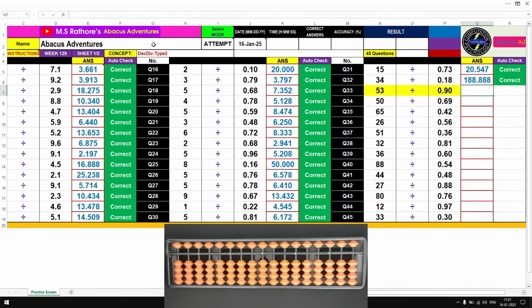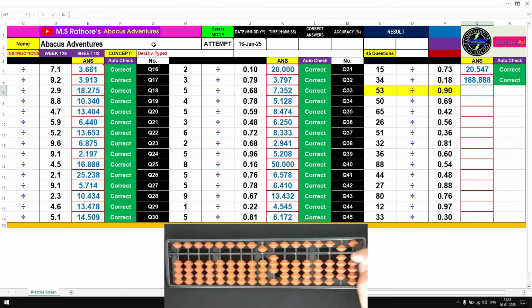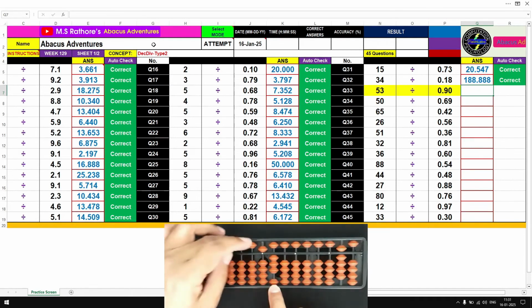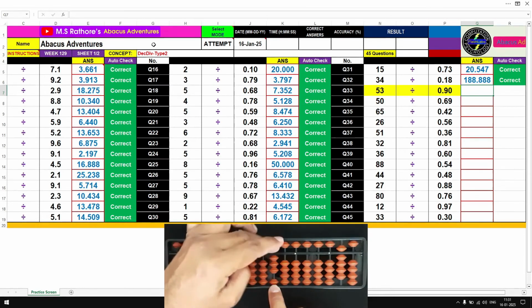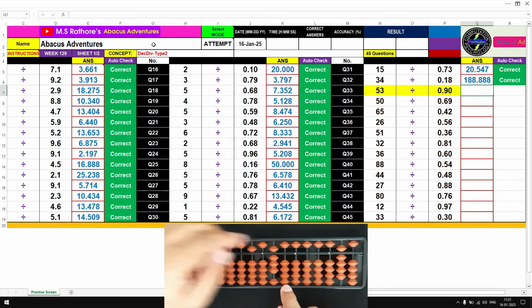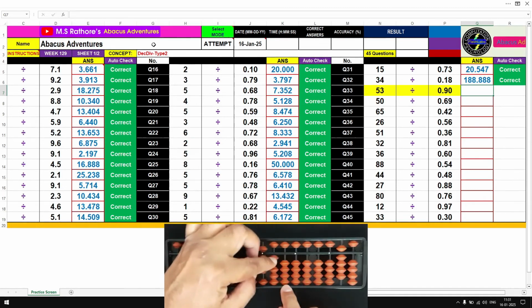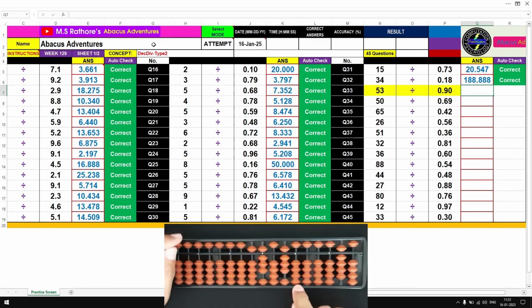Question number 33, 53 divided by 0.90 or 53 divided by 90. My finger is below 53. 9 5s are minus 45, shifted. 0 5s are 0, new number is 80. 9 8s are 72, finger shifted. 0 8s are 0, new value is 80 again.